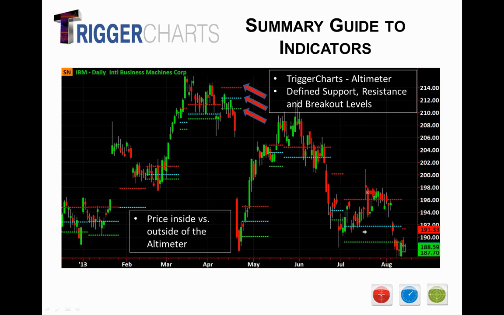We want to find when this price is not inside the range, and when we can find that there's a gap or an open area. And that's when you see the opportunities really come in and be very beneficial to a stock. Inside the range again, here's another one. When it breaks out, what happens is you want to look to enter a position. And that worked out very nicely.